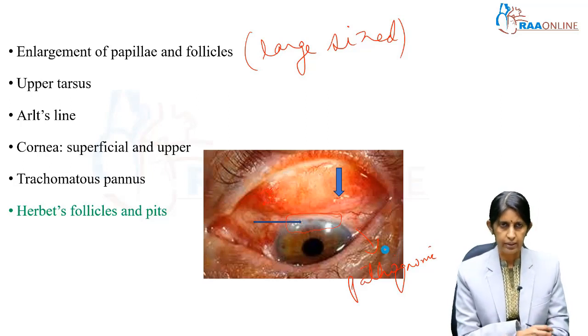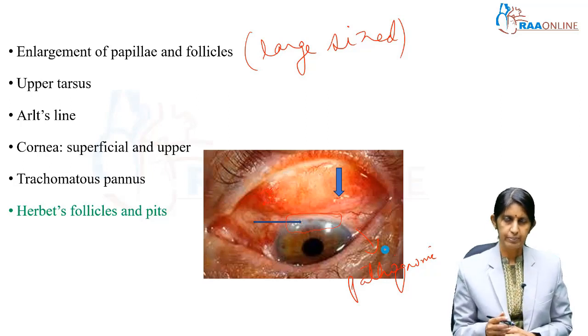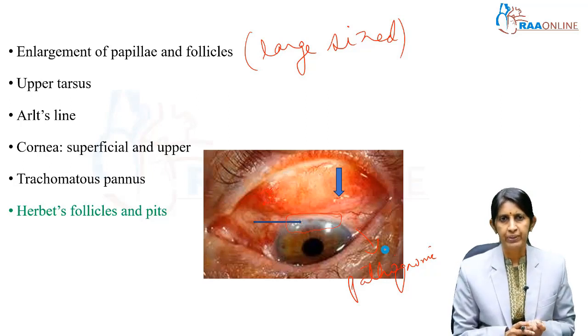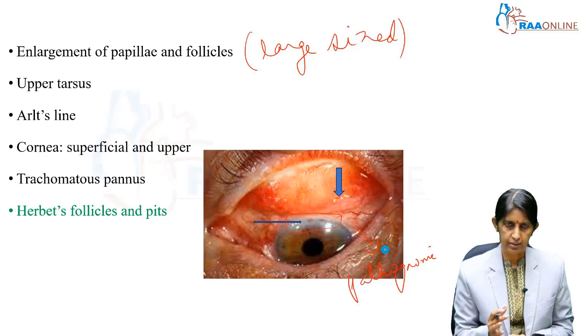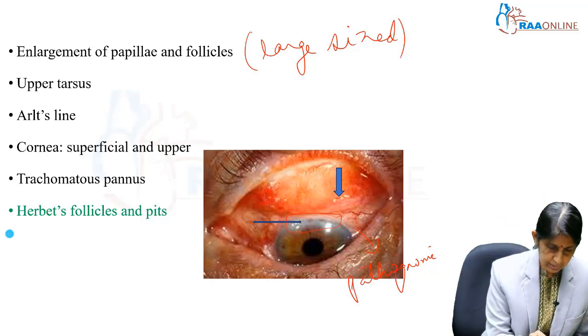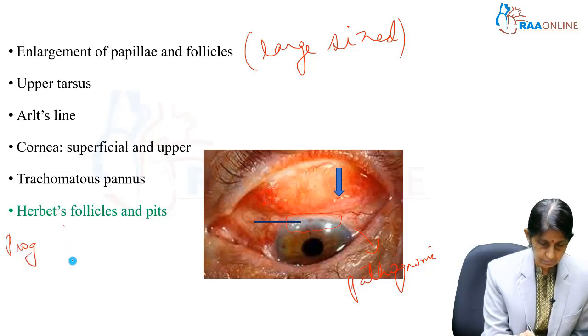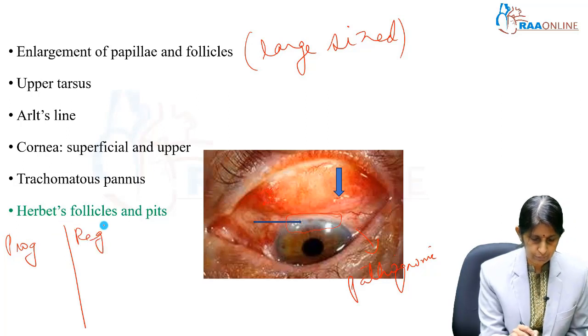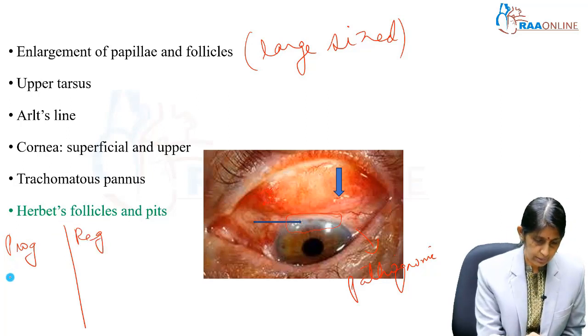The other thing is called trachomatous pannus. Basically, the word pannus means cellular infiltration with vascularization. So there are two types of pannus, progressive and regressive pannus. So progressive pannus is when, if this is a cornea, there'll be blood vessels and there'll be infiltrations a little ahead of the blood vessels.